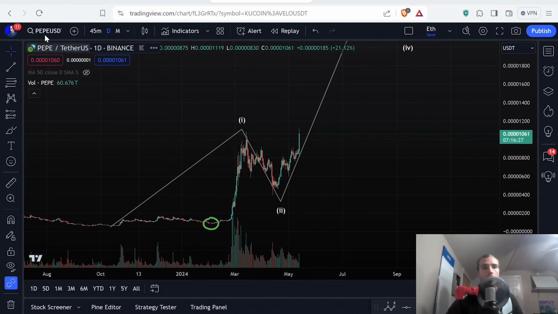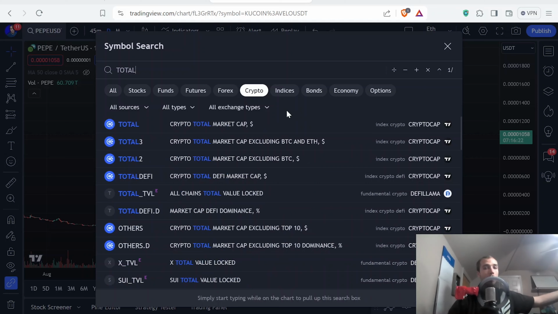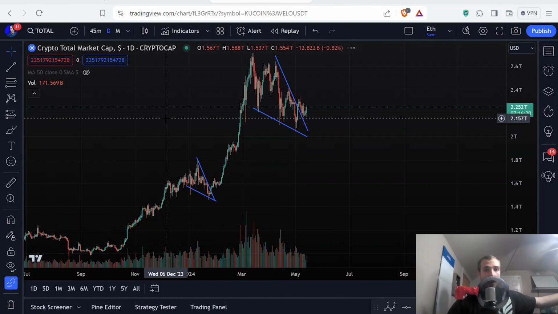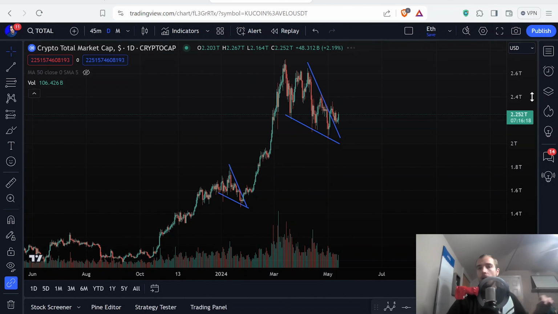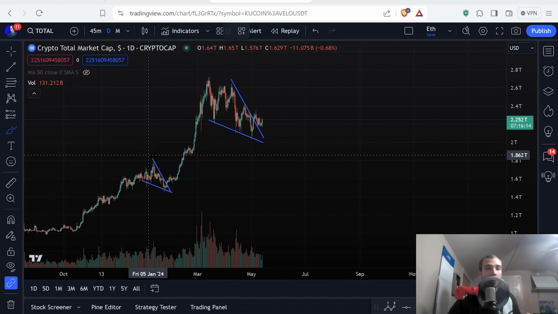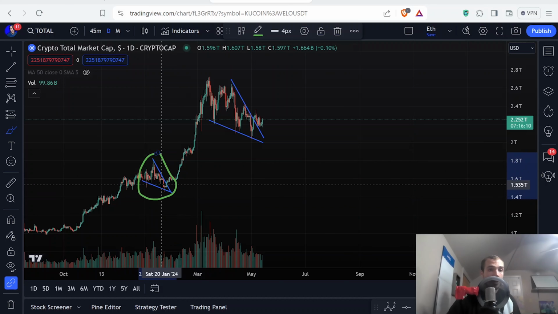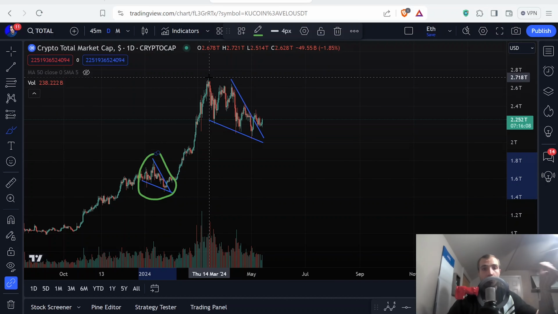So let's talk a little bit about the total market cap as well, because I don't want to just hop on here, record for 5 minutes, and then get off. The total market cap is breaking out of a falling wedge pattern. You guys can see we had a previous wedge right here. We broke bullish out of that wedge. It took us all the way up to 2.7 trillion in total market cap.